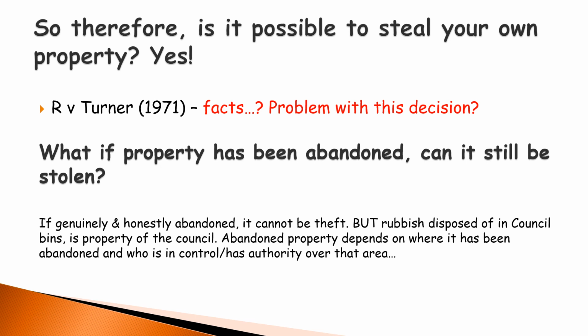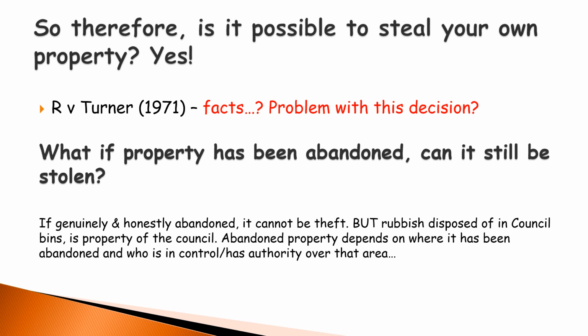But what about if the property doesn't appear to have had an owner? We know that if the owner can't be discovered, this can provide you with a potential defence to being dishonest. But can you be deemed to have appropriated property belonging to another if that property is abandoned? If genuinely and honestly abandoned, if the court believed that, then it can't be theft.